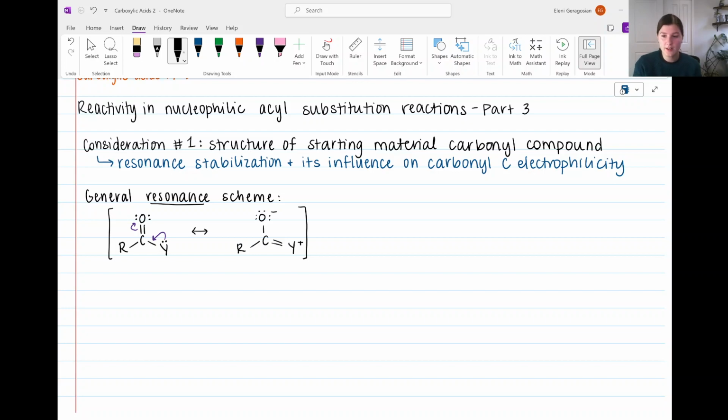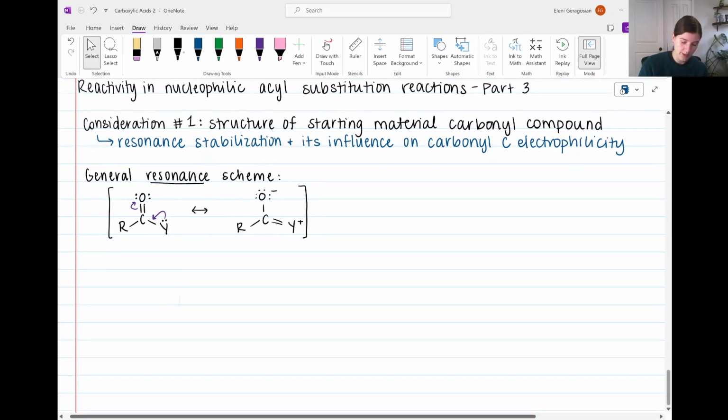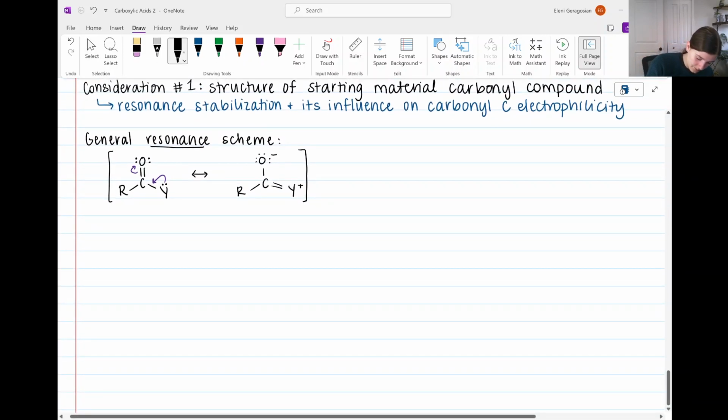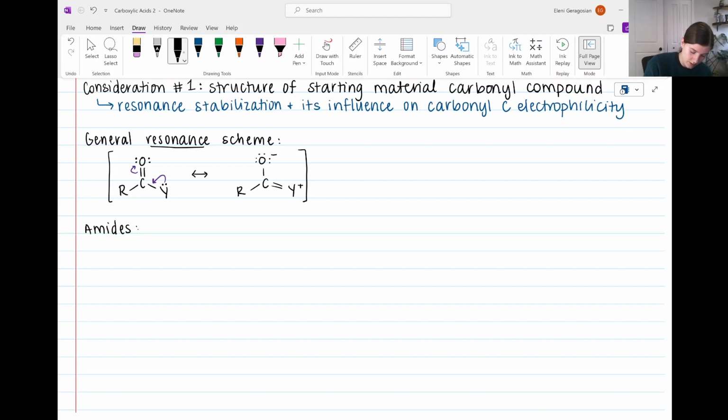So when we compare our specific groups, we'll think about how the Y group, when that changes for the amides, esters, etc., how well that donates electrons through resonance. So let's start with amides. So amide structure, we have the acyl group bonded to a nitrogen.